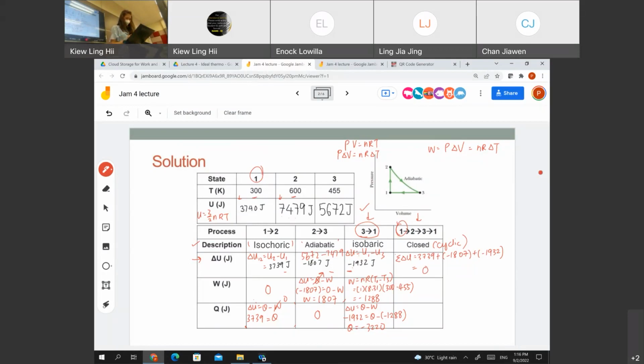How about work done? Will you get 0 also? Can you try to look for the answer? What is your W and what is your Q? And you can write inside.